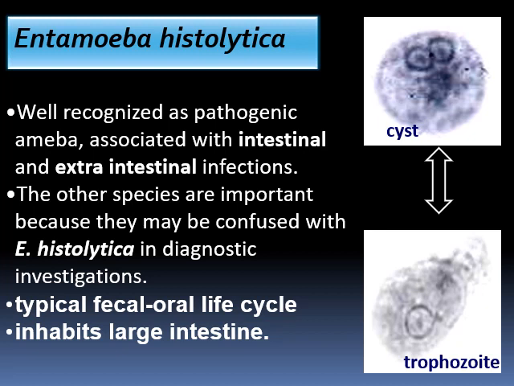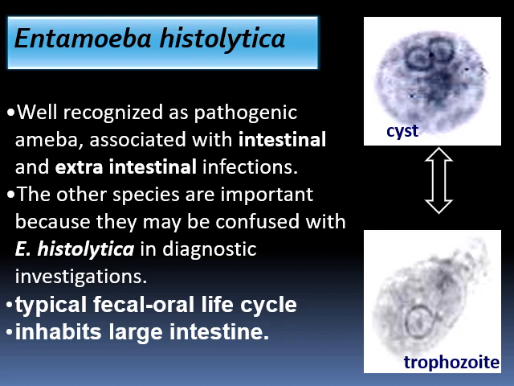The other species are important because they may be confused with Entamoeba histolytica in diagnostic investigation and indicate contamination with filth material. So we have two reasons to study the other amoebae, which are non-pathogenic.